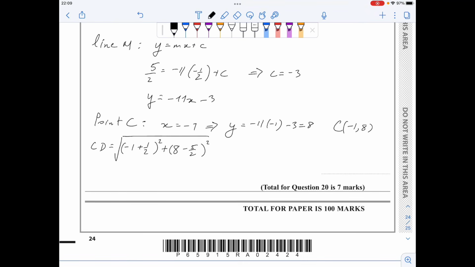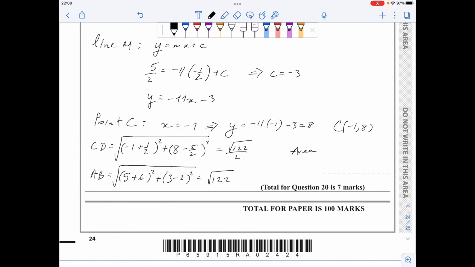That is equal to square root of 122 over 2, and then AB equals 5 minus minus 6, so plus 6 squared plus 3 minus 2 squared. Square root of that is the square root of 122.